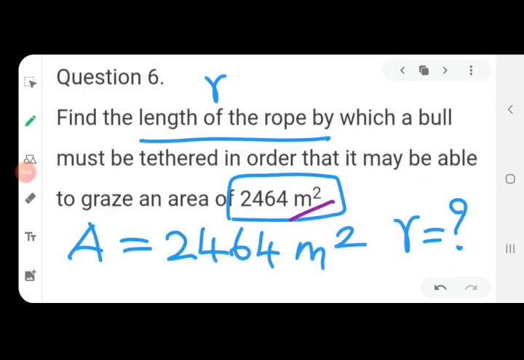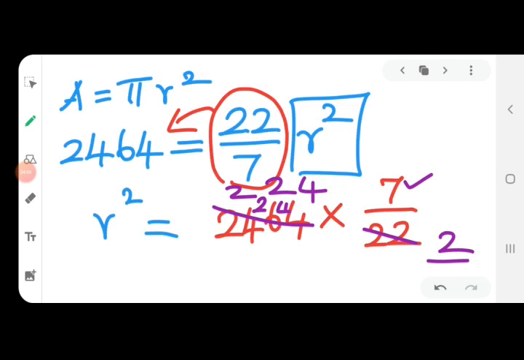Once again I repeat, question number 6: they have given the area of the circle. We have to find the length of the radius. We know the formula A equals pi R square. We substitute the A value 2464 and pi equal to 22 by 7 into R square. We need R square alone, so we take everything to one side.